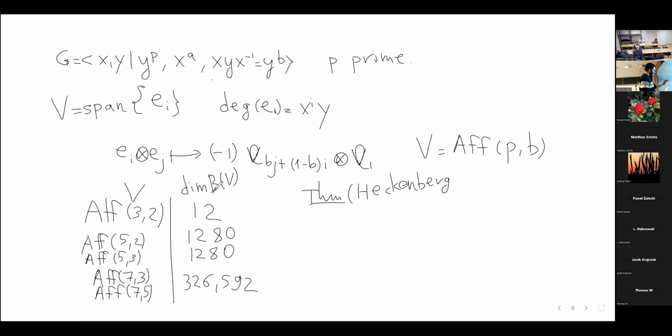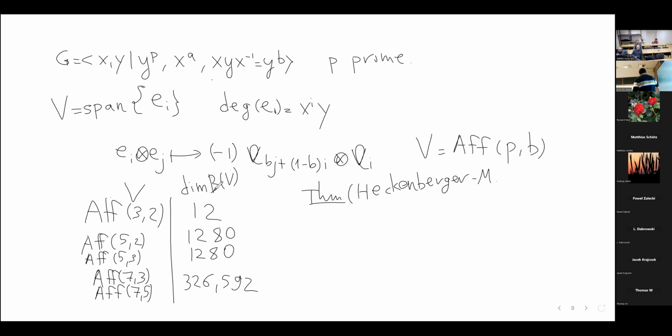Heckenberger. Right, so then is it correctly, the dimension of this vector space, the second number? The second number is the B that appears here. So what's the dimension of V when I see this affine 3, 2, 5, 2? So the dimension of V is 3, and then 5, and then 7.